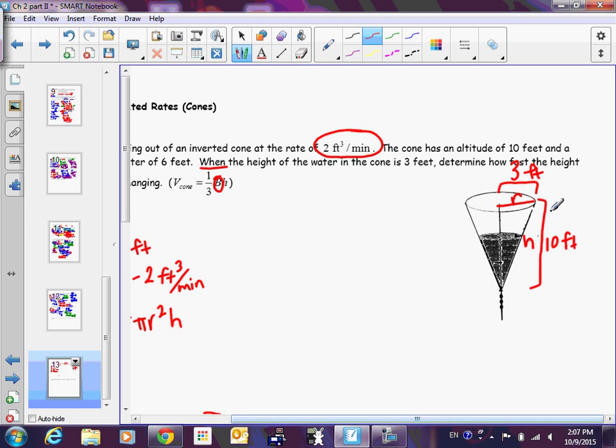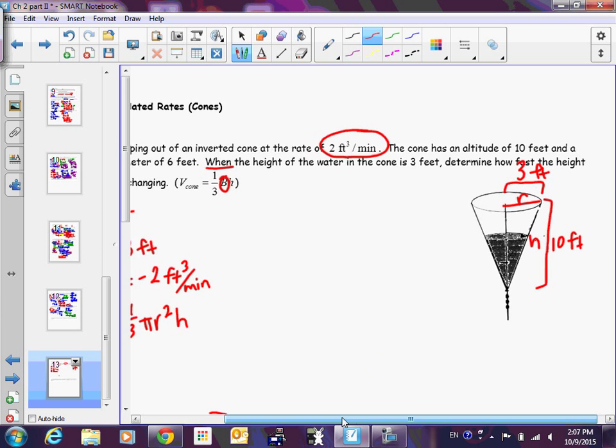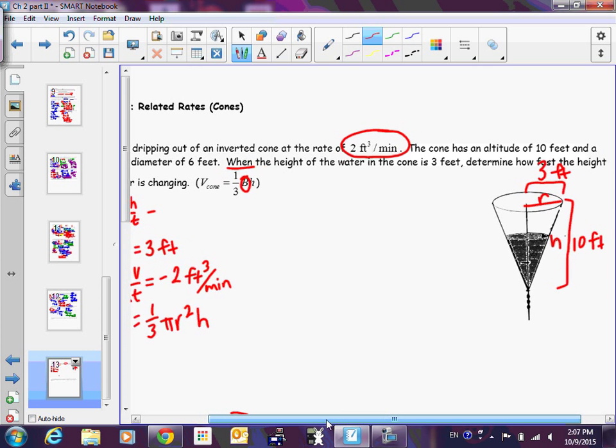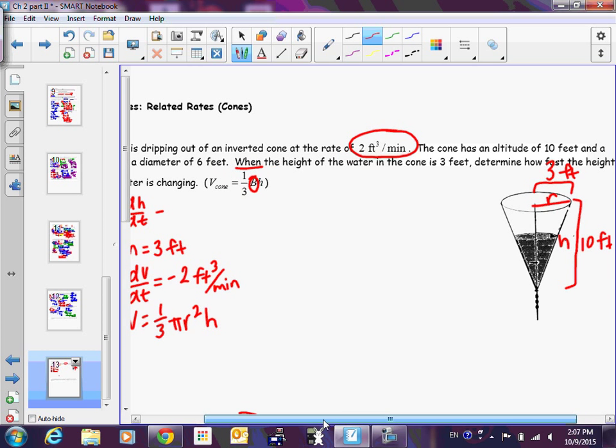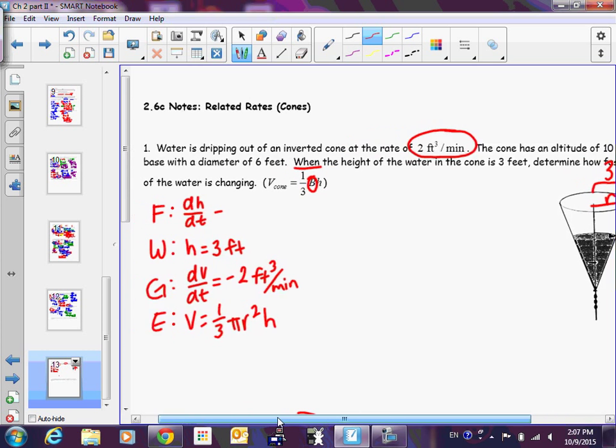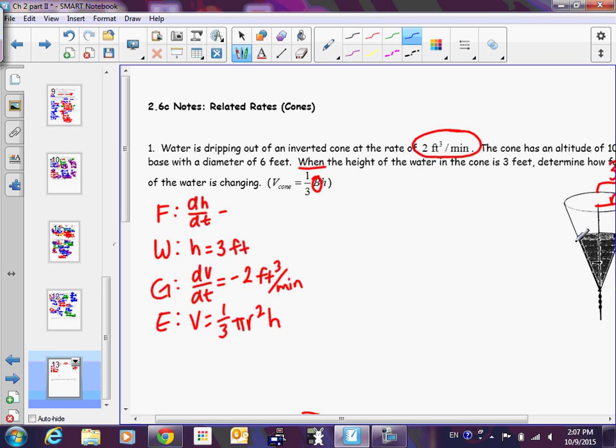This is just a proportion of the cone. It's not telling me that the height of the water is 10. We already know that on our when, the height of the water is 3. So the whole reason that part is going to be important, and notice I didn't even put it with my Fuigi, is because if I look at this formula, V is good, I know something about V. 1/3 and a pi, that's fine.